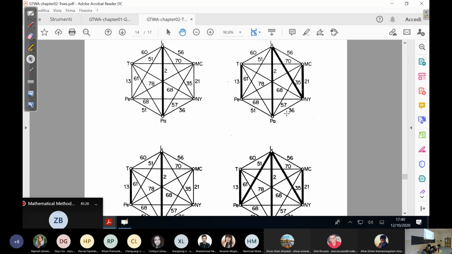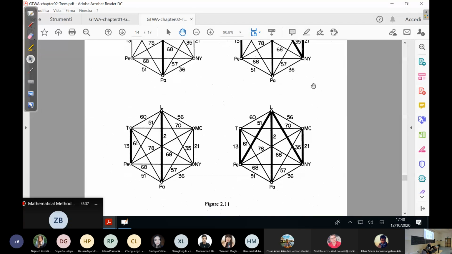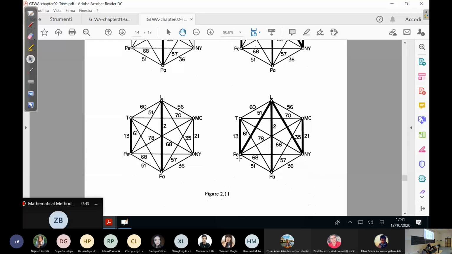Next, after 36, we have 2 with the 51. It could be this, and it could be also this. We can choose either, and so the authors have chosen this. They could also have chosen that. Okay, no problem.